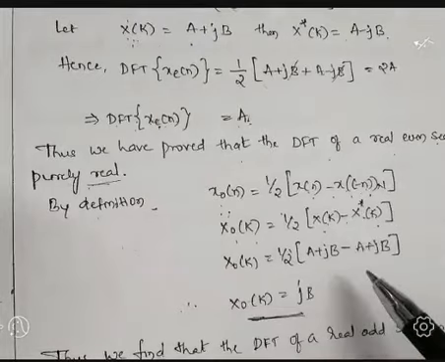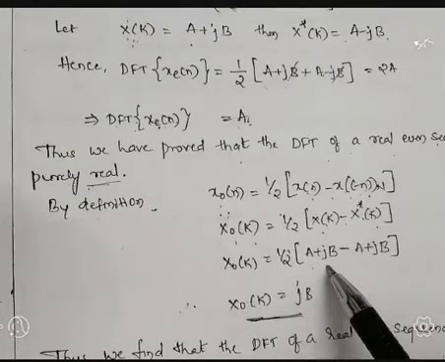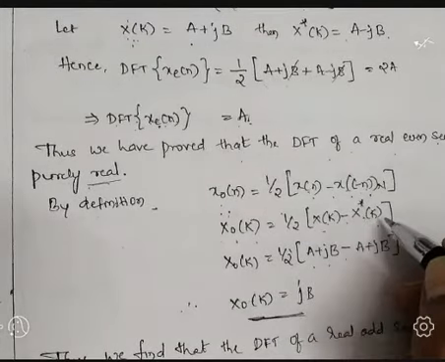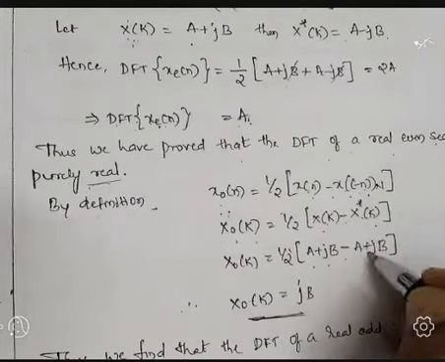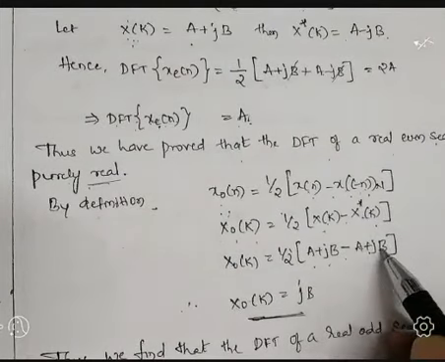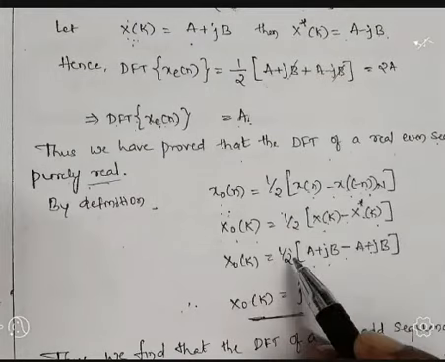Substituting the same assumption, a plus jb minus a minus jb: a minus a cancels, jb plus jb is 2jb, and 2jb divided by 2 becomes jb.